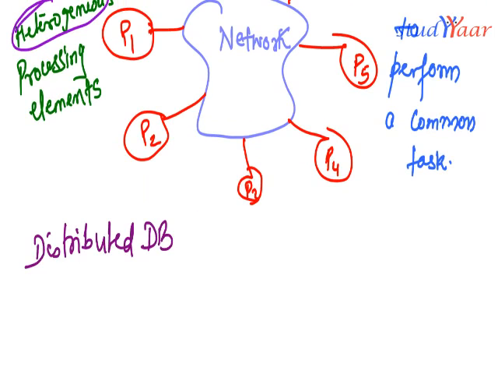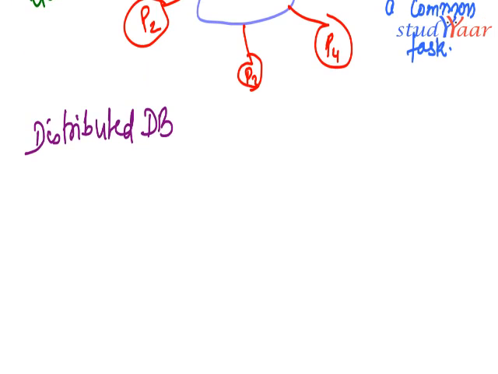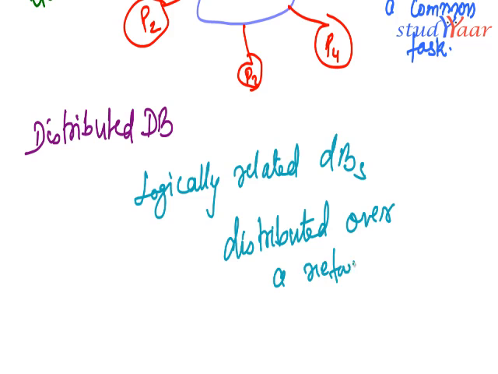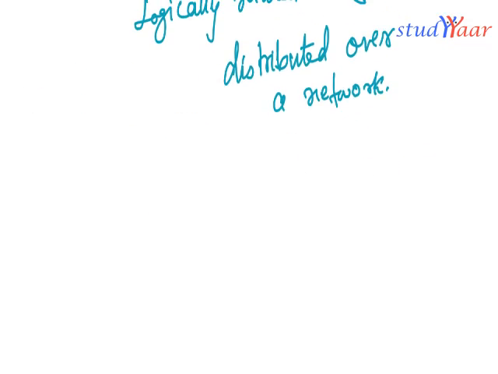A distributed database is a collection of logically related databases, distributed over a network.